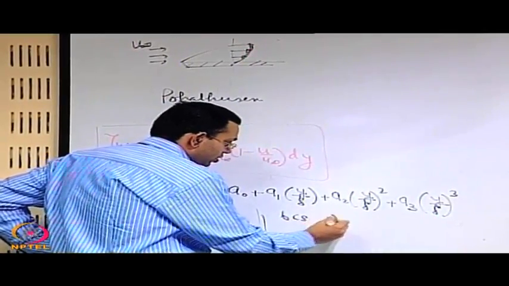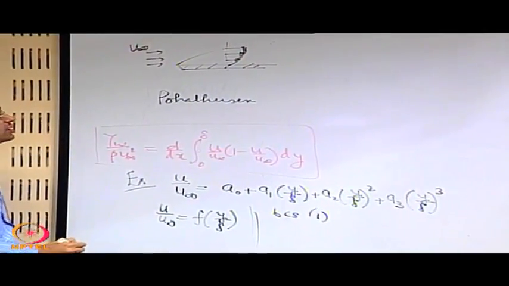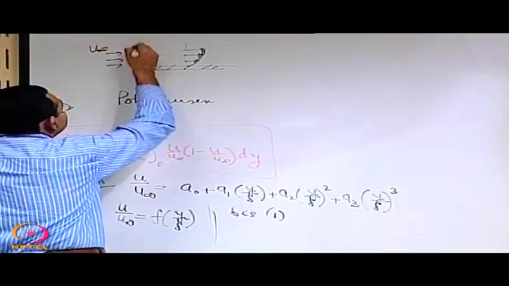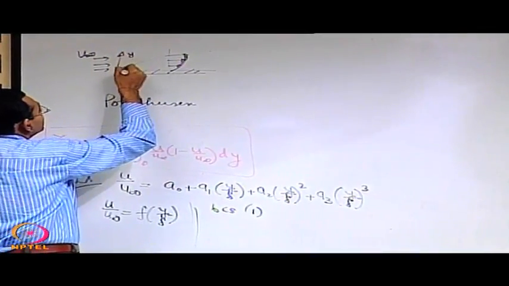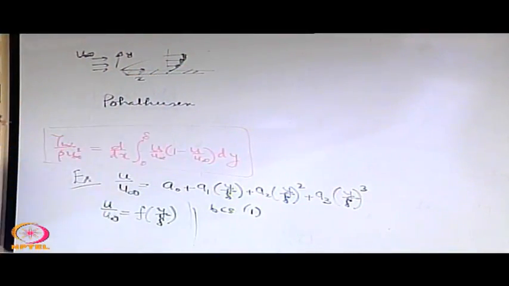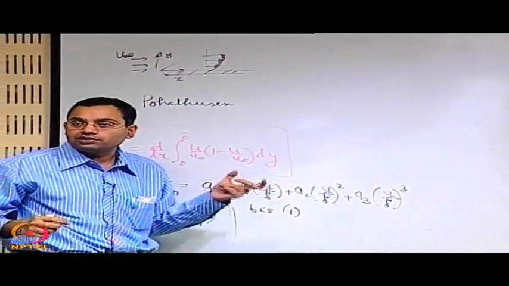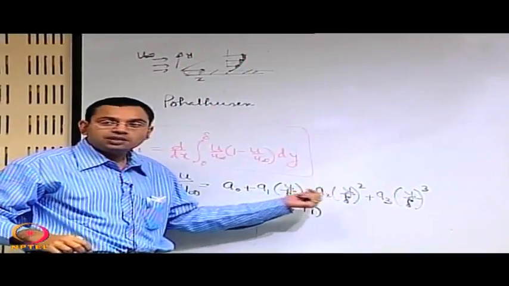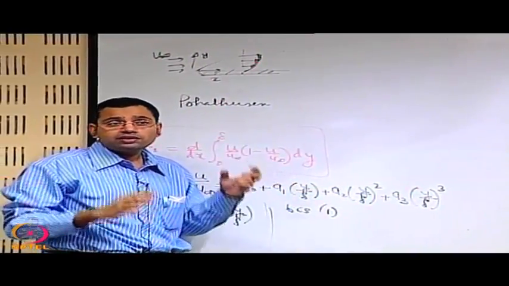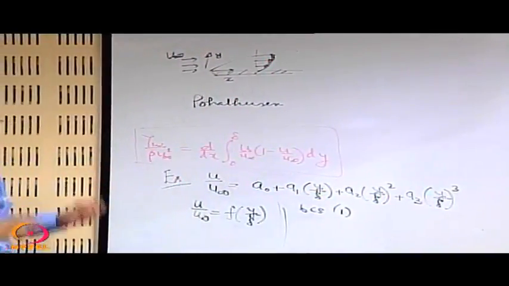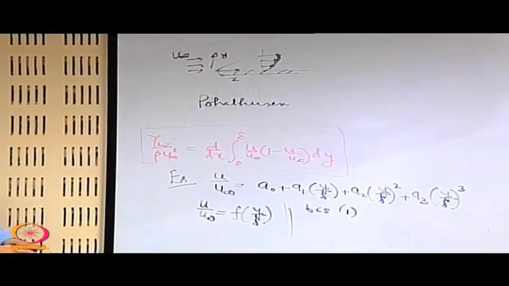What is the most essential boundary condition that you would always like to satisfy? The boundary conditions should come in order of priority, because if you choose lower order polynomials you may not be able to satisfy all the boundary conditions because you have fewer coefficients, but the most essential one you should always satisfy. What is the most essential one?